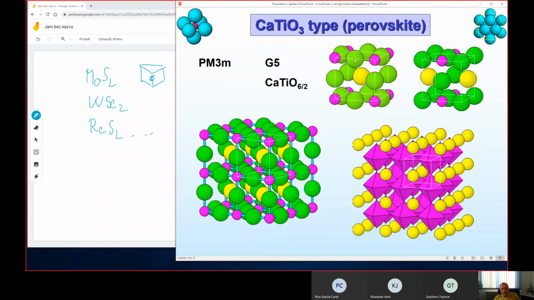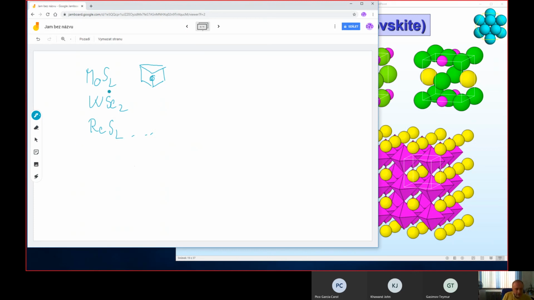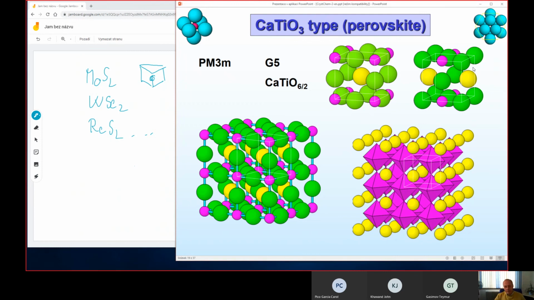But in this close-packed array, we replace a part of the anions by a large cation, like calcium. So if we start from the unit cell, which contains 4 anions, and we replace one anion by a large cation, we have AX3, which is shown here.